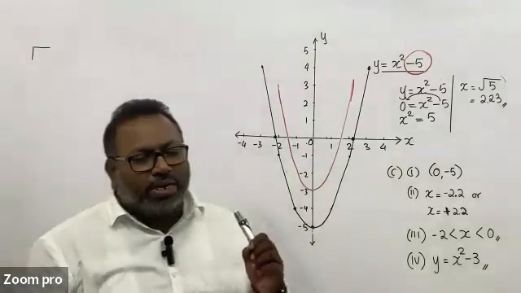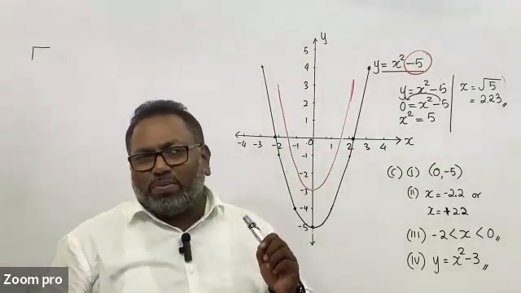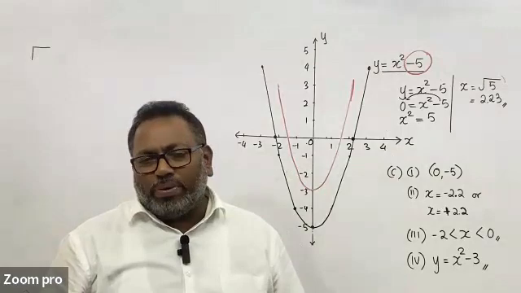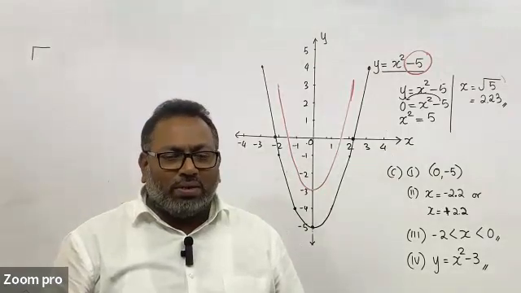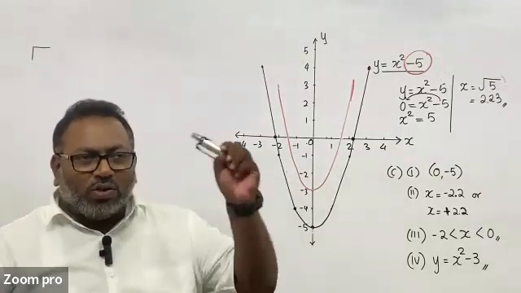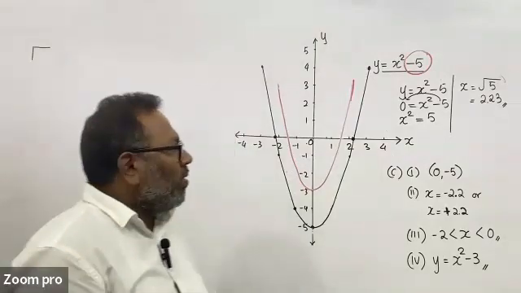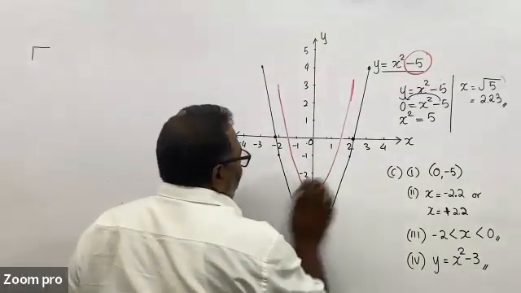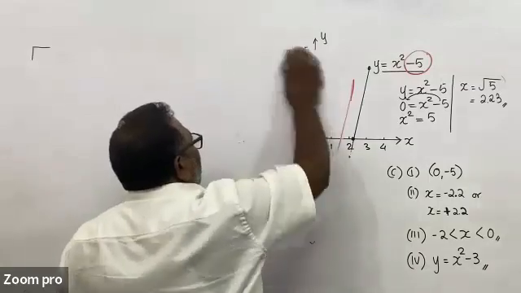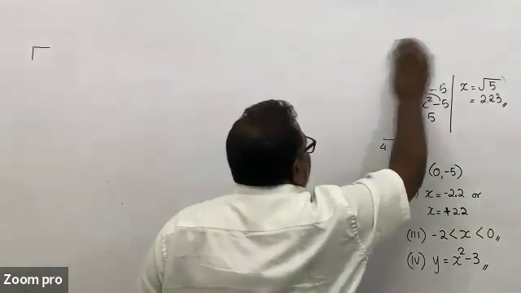Please, when you're drawing graphs, always use graph paper. Do not use square ruled paper. It's a must, because you need to learn to draw accurately. So please be very careful.